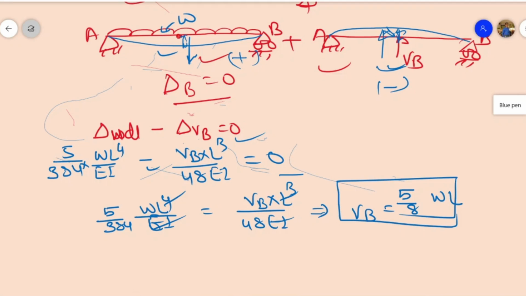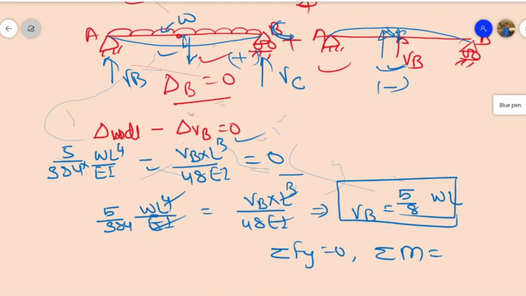Similarly, just like the previous case, we can calculate support reaction VA and support reaction VC, by using the sum of vertical forces equal to 0 and the sum of moments equal to 0. This equation will be required to calculate one of the reactions, because when we write the summation of Fy equals 0, two variables will come, VB and VC.